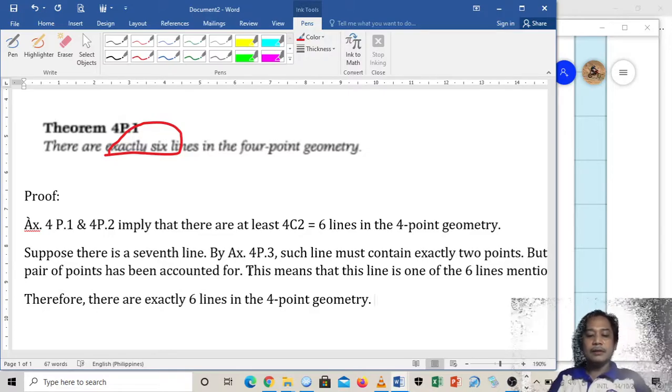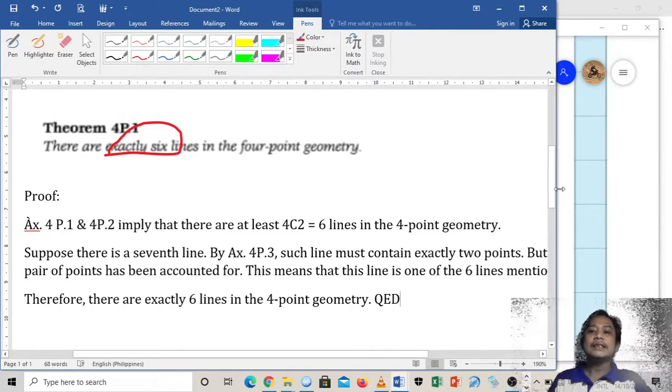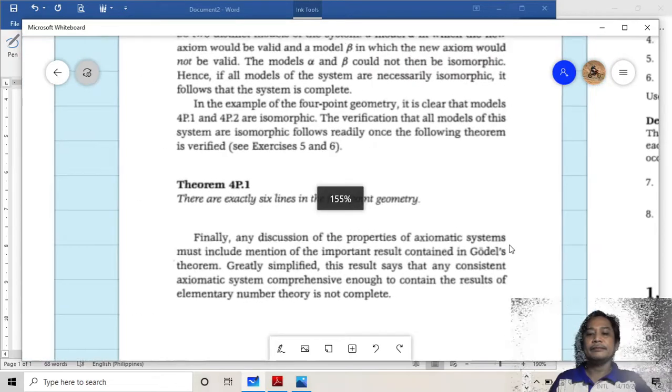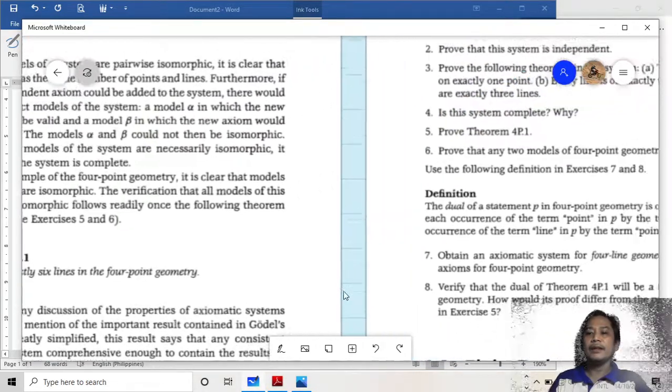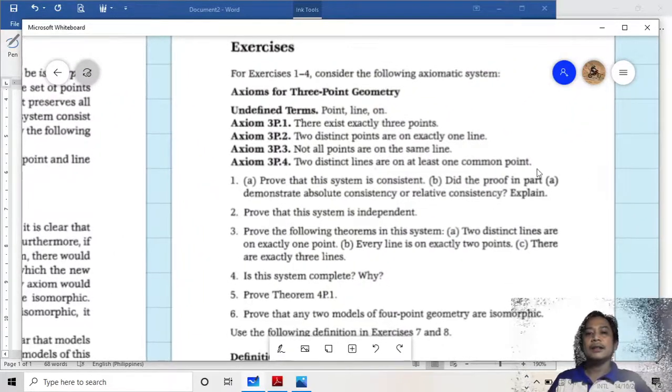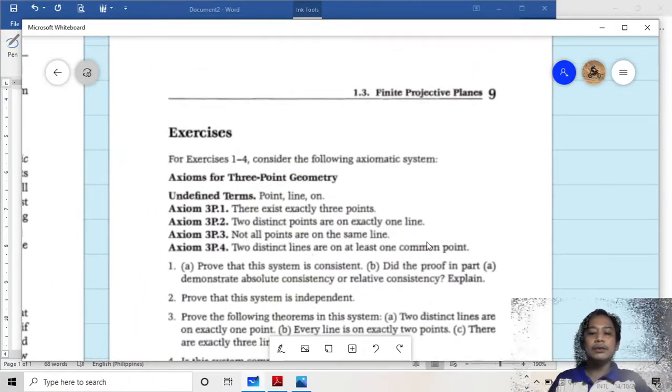And we're done. Okay? So if you have some questions about this proof, you can ask me through our group chat. Okay, so let us go back to our module.